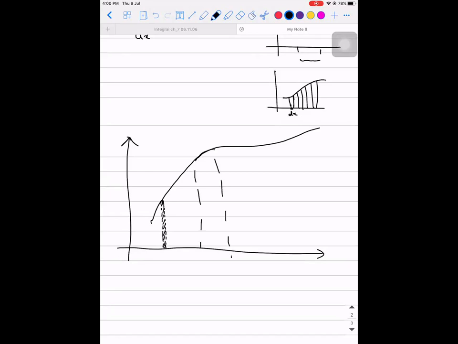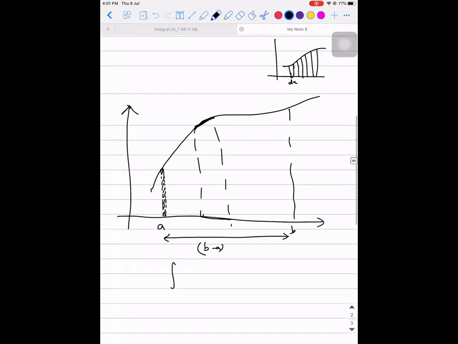For example, if I take the values here, it doesn't form a rectangle, it forms something like a trapezium. But I need to choose two values close to each other such that it forms a rectangle. Like this, you can find infinite rectangles between the points A and B, where the difference between these two points is nothing but B minus A. So when you add all these dx, the output will come out as x.